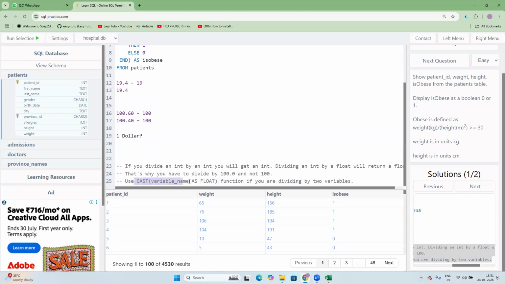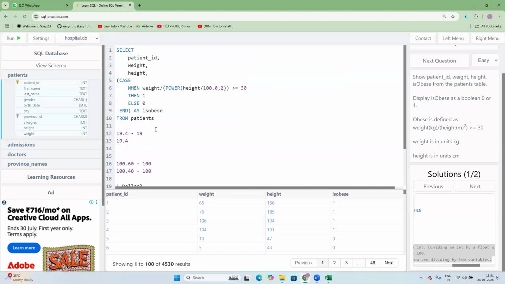Then I'll use CAST and whatever I'm dividing it to, and then I'll use AS FLOAT. That means, whatever the number here is, just consider it as float or show output in a float format. That can be used, but not necessarily. You can just stick to this, because in SQL we don't use a lot of variables. But did you understand why we are going with 100.0 again?